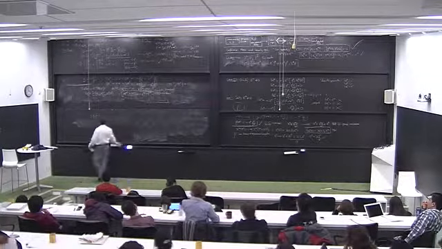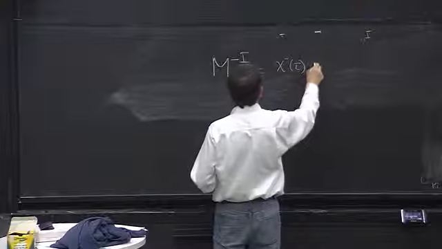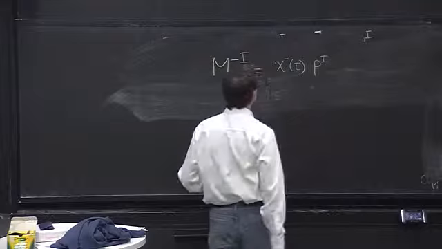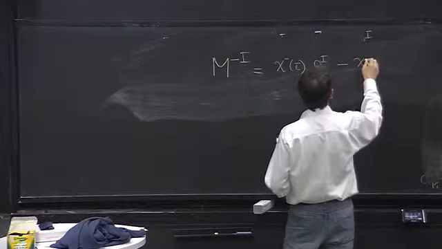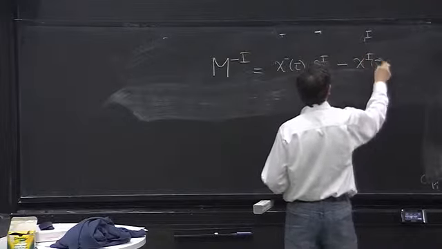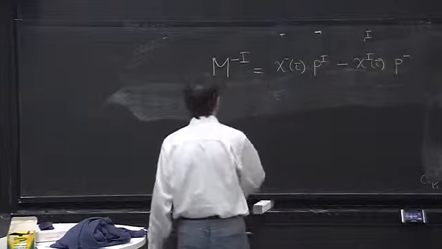So your best guess is to put x minus of tau pi, pi doesn't have time dependence, minus x I of tau p minus. Okay, let's see what this is.